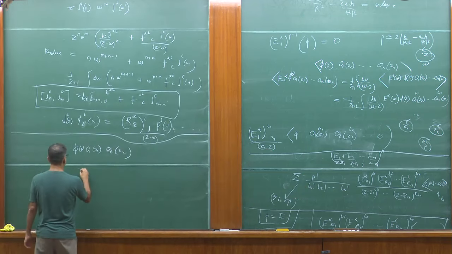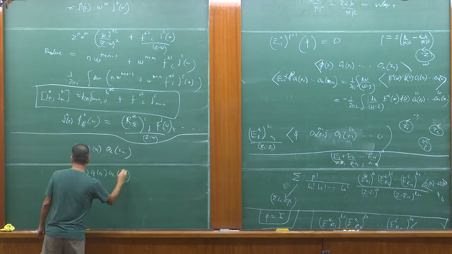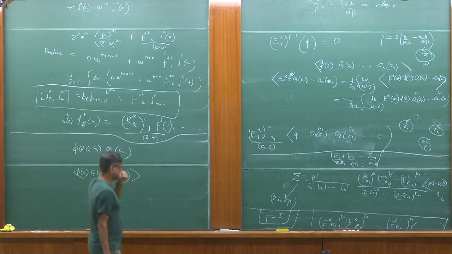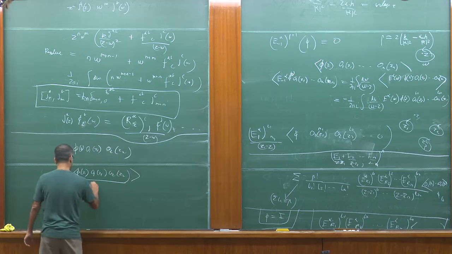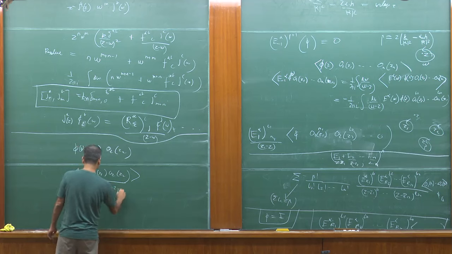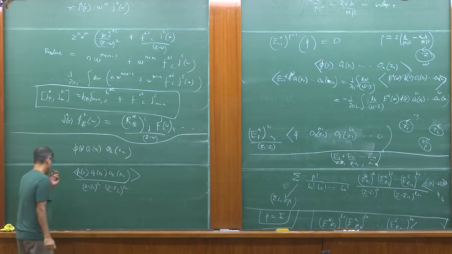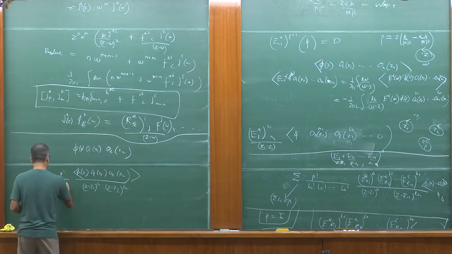So we have phi of Z, O1 of Z1, O2 of Z2, and then we have 1 over Z minus Z1 to the power L1, Z minus Z2 to the power L2, sum all these factors, P factorial, L1 factorial, L2 factorial.